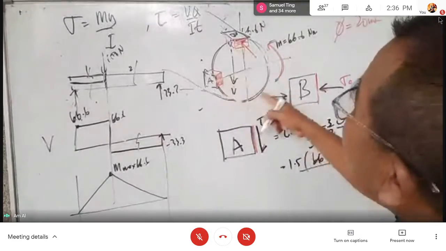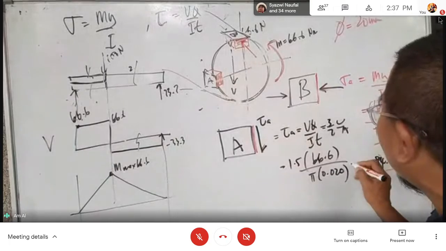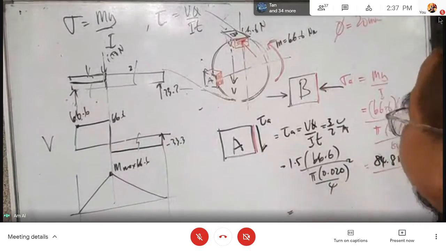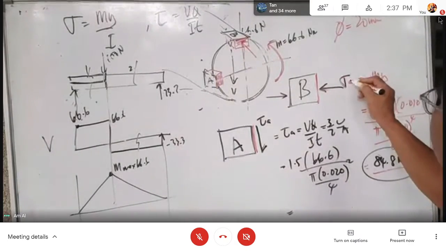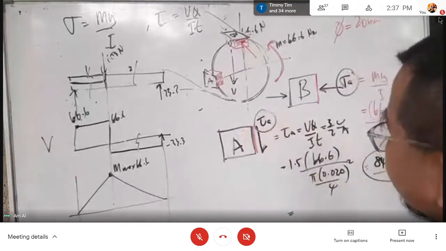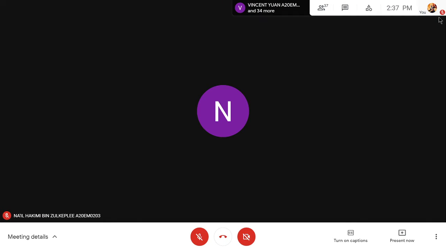The area is circular, so what's the area? Pi 0.020 squared over 4. So what is the value there, please? Push the calculator. I want you to compare that sigma value and tau value here. What is the value, please?